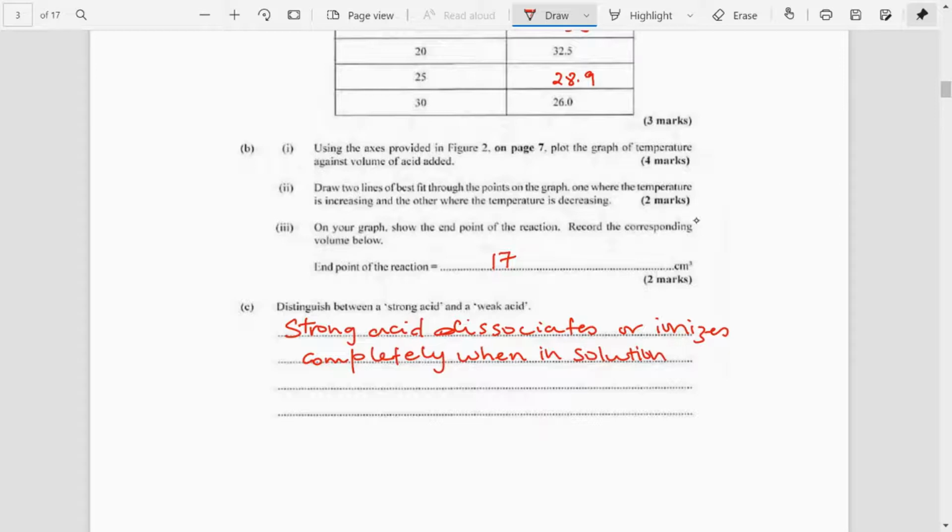An example of a strong acid is like HCl, or sulfuric acid, H2SO4, or nitric acid. Most inorganic acids are strong acids. And then weak acids dissociate or ionize partially when in solution.